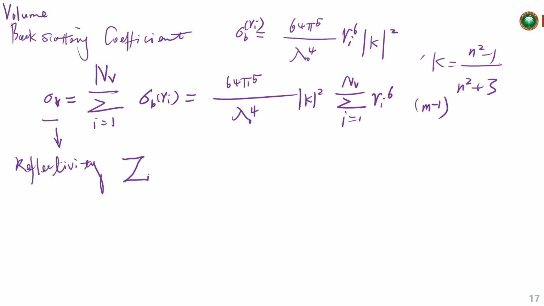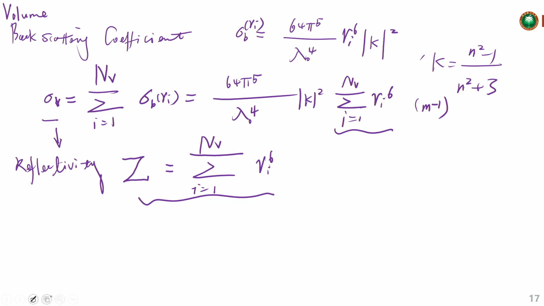It is defined as sum from i equals 1 to Nv of Ri to the power 6. So this is the reflectivity by the volumetric hydrometeors.